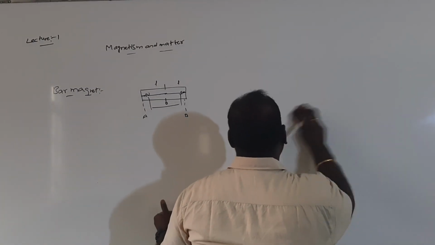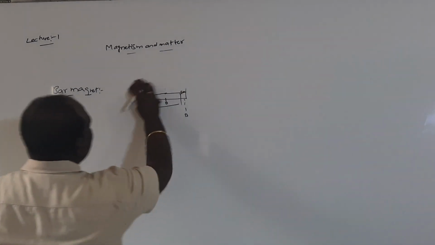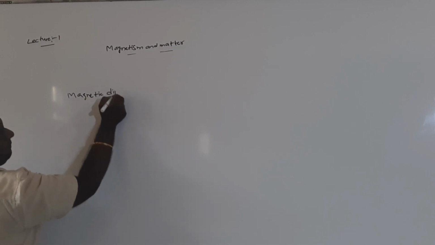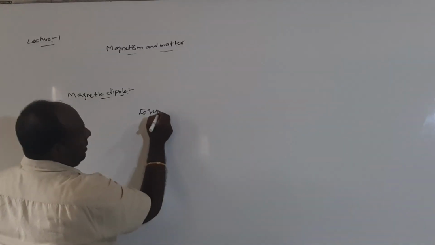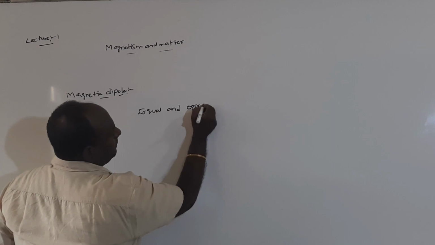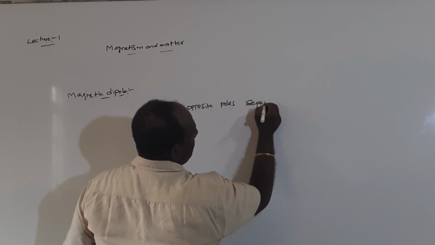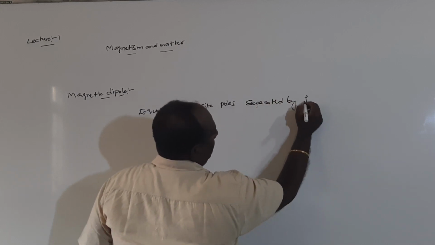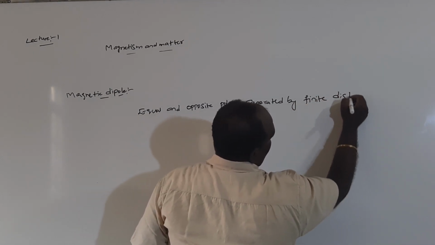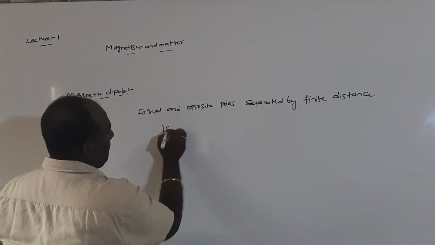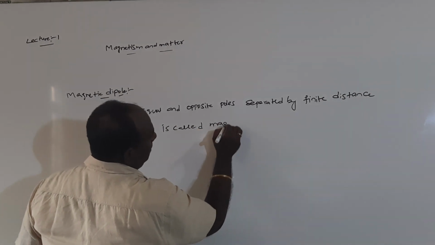In the same manner, magnetic dipole: equal and opposite poles separated by a finite distance is called a magnetic dipole.